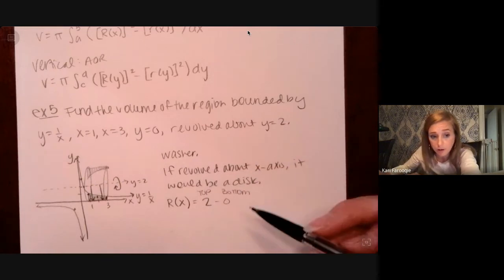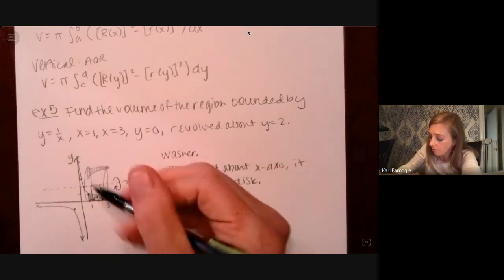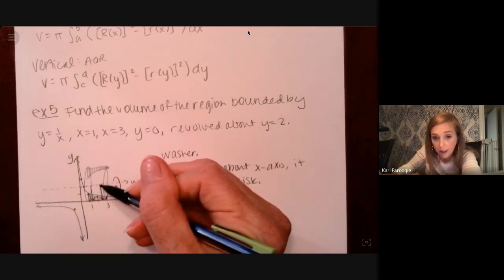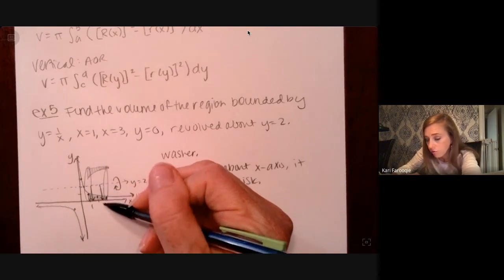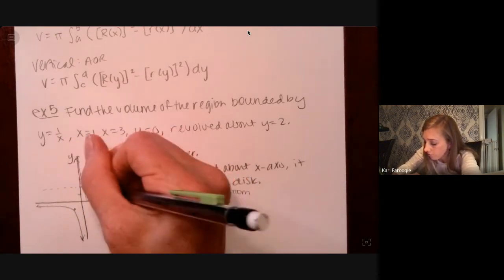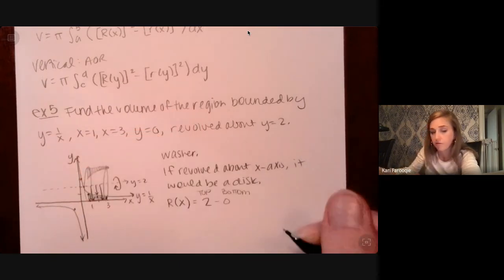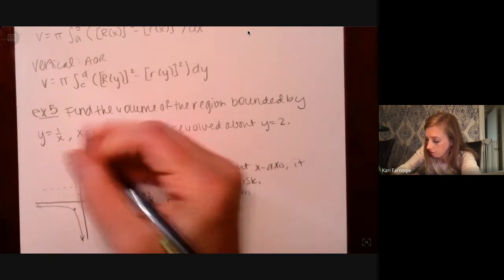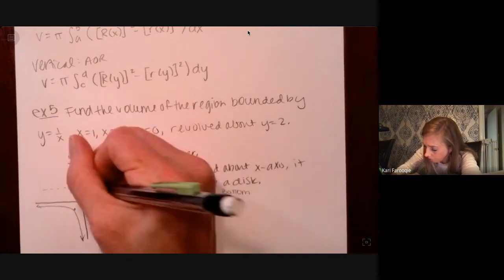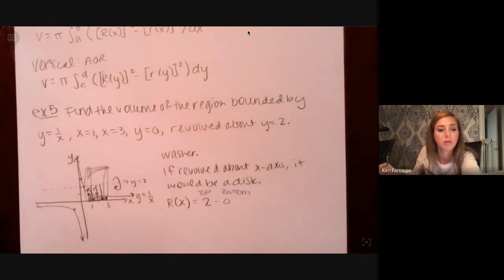Now for the inner radius, you're going to do something similar, except instead of going from the axis of revolution to the outer edge of the figure, you're going to go from the axis of revolution to the inner edge of the figure. So that would be little r of x. That one's little r. That one would be big R. The other one I drew the arrow for.